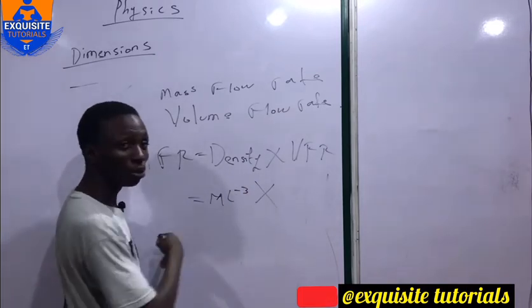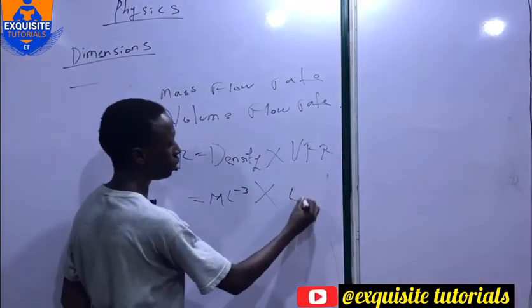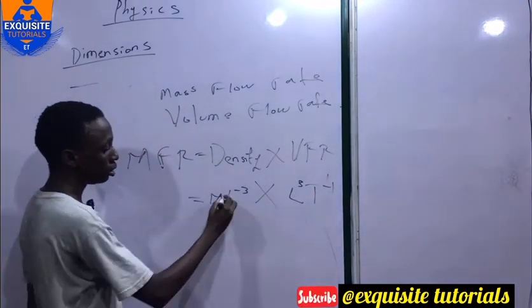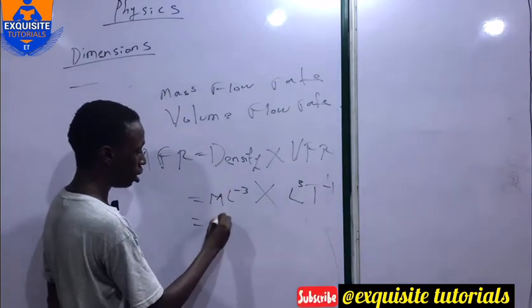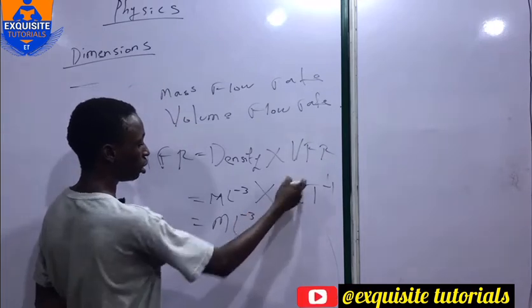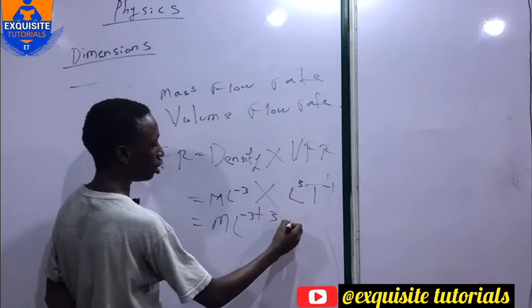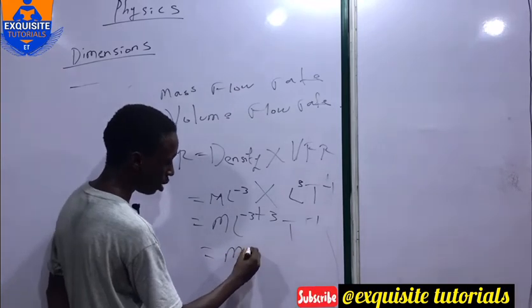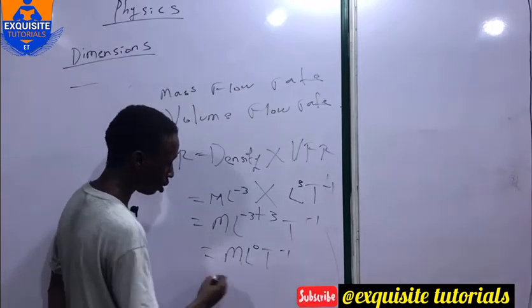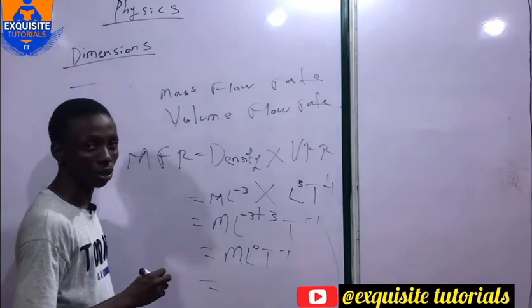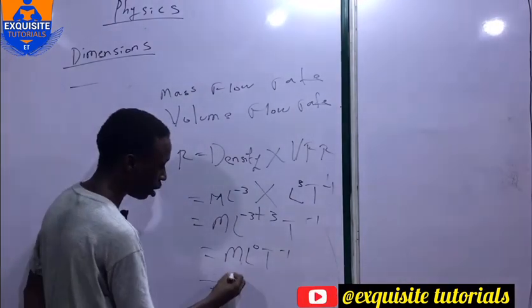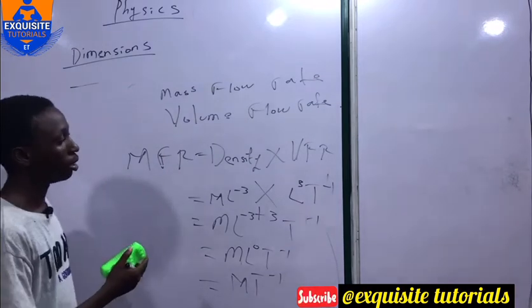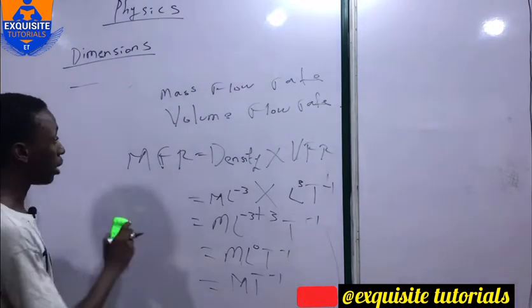Then volume flow rate, we derived just now, was L^3T^-1. Now this will become ML^-3+3 T^-1, which becomes L^0 T^-1. Remember, anything to the power 0 is 1. So this will become MT^-1. So that will be it for the mass flow rate.